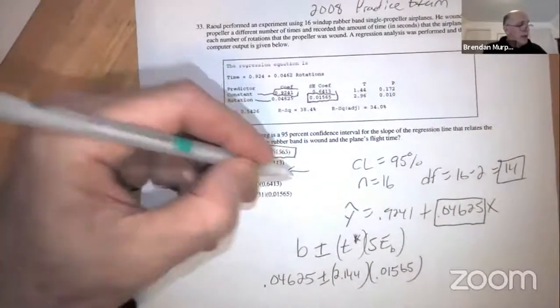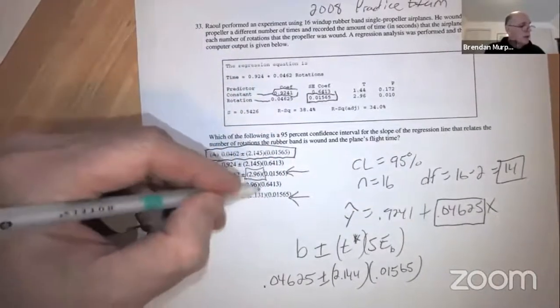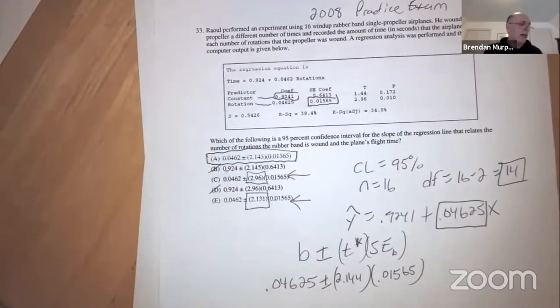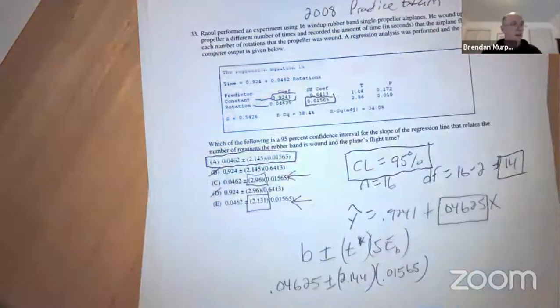For the sake of time, I won't show you where those two incorrect critical t values are probably coming from, something like degrees of freedom of 15 or typing in 0.95 for the area. So just be careful when you're coming up with that critical t value. We need the confidence level and the degrees of freedom, and degrees of freedom is n minus 2.